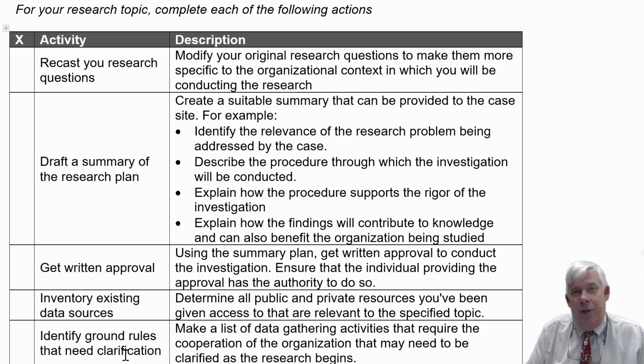There's always going to be a learning process as you're working with the organization. And so you want to think about those things, and then when you begin the research, you can clarify them. And in fact, I'll talk a little bit more about some of the issues that commonly crop up in the next video, where I talk about the actual conduct of the research.